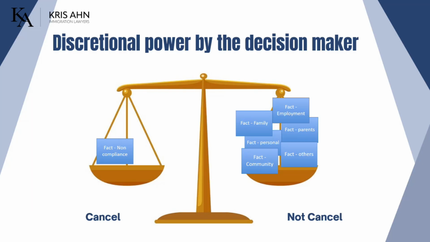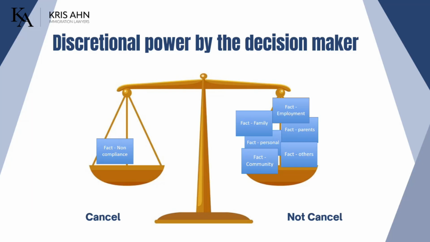Because of this, whenever you get a NOIC, you have to understand the psyche of it. Immigration have only begun the cancellation procedure because, number one, they feel that they have sufficient information to cancel your client's visa, and number two, the department is already set on cancelling it.